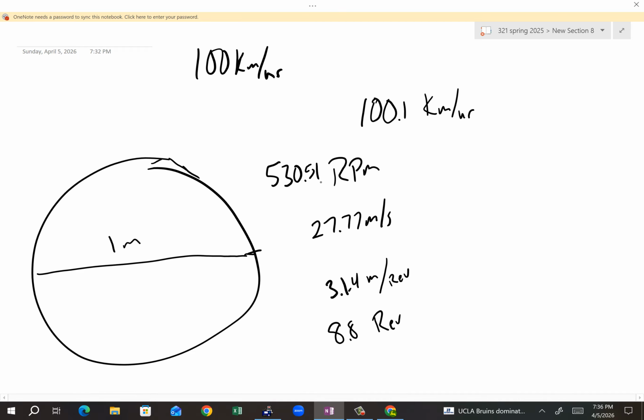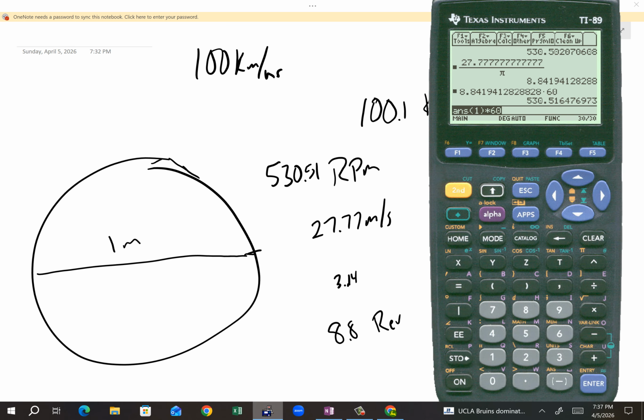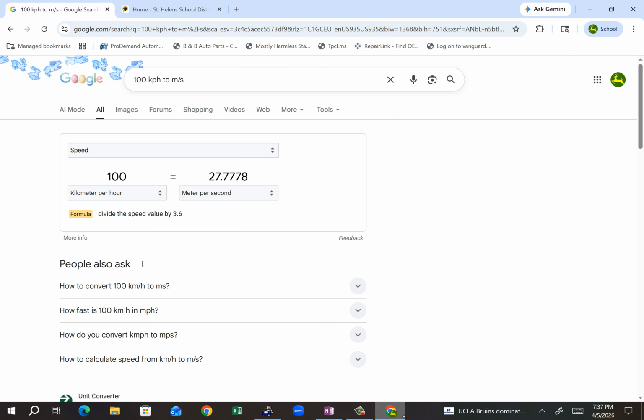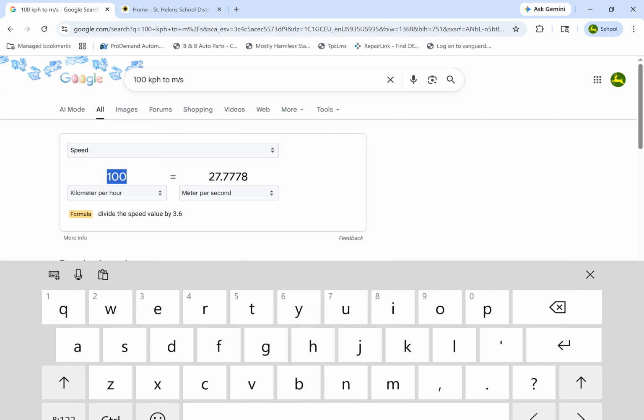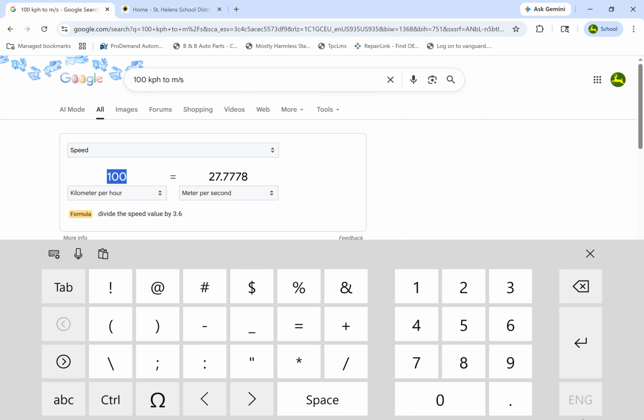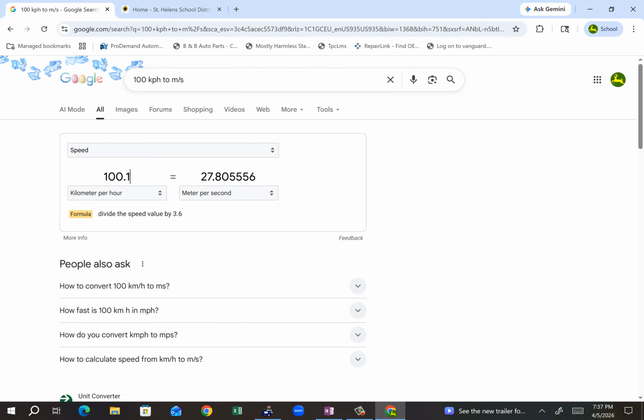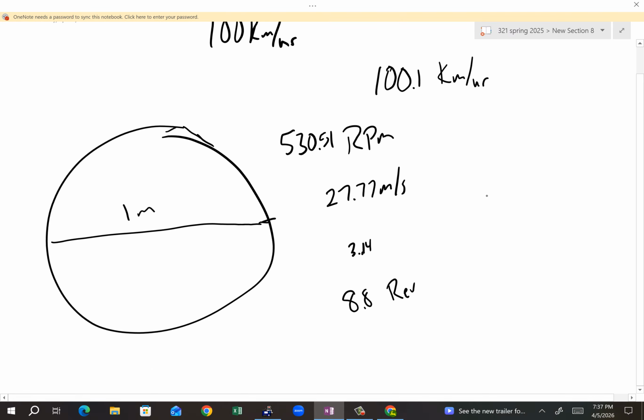So then the question is simply this: to get to 100.1, we have to look at what our diameter needs to increase to. So if I do this, 100.1 kilometers per hour gives 27.8055 meters per second.